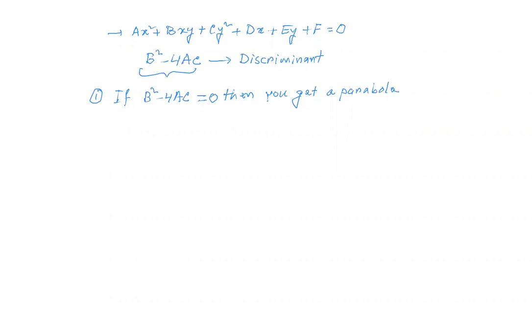Okay? If b square minus 4ac is equal to 0, then you get a parabola. Okay, parabola is something we talked about.